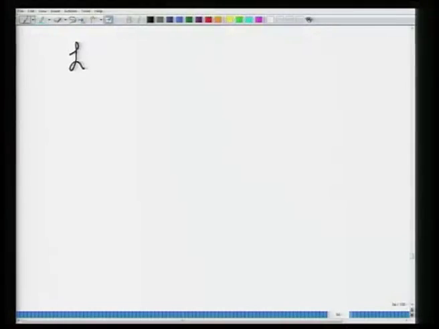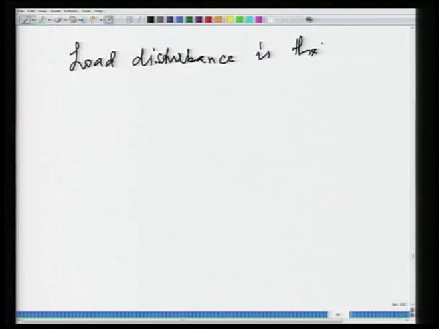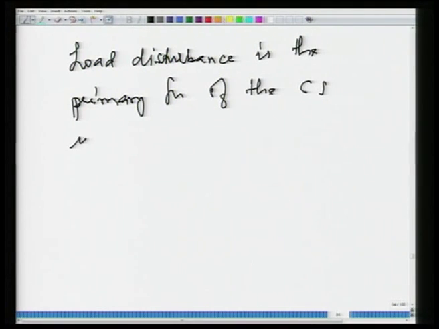My interest in the servo response is not as much, because the primary function of the control system in chemical processes is effective load disturbance rejection.